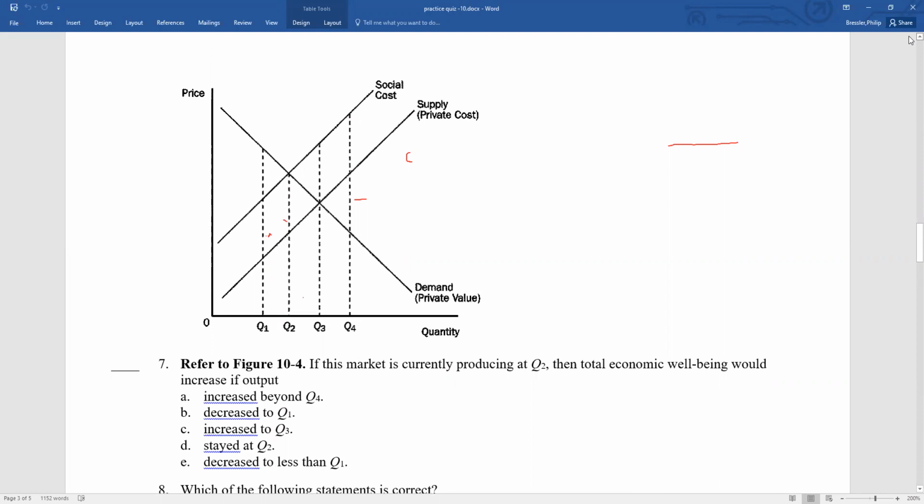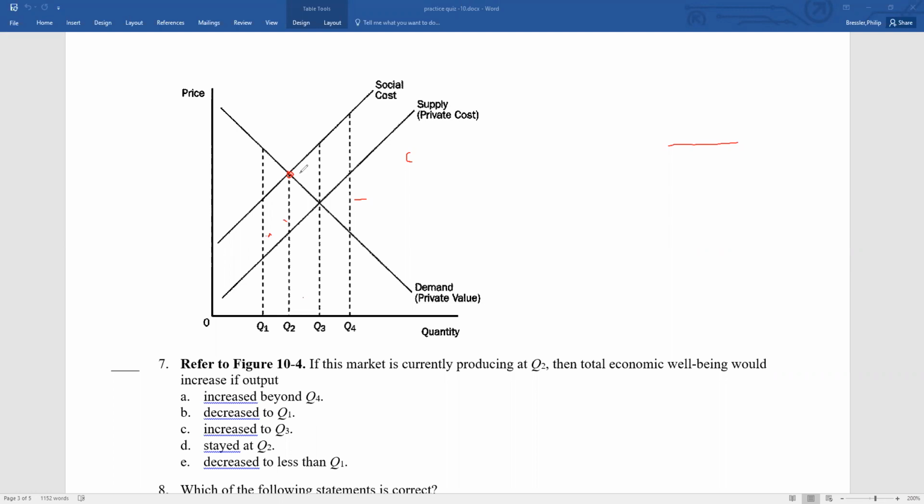So if this market is currently producing at Q2, let's look at Q2 for a second. That's right here. This is the equilibrium that would get me to Q2 right here. Then we got to stay at Q2. We are at the optimal. We don't want to move. D as a dogwood, stay at Q2.